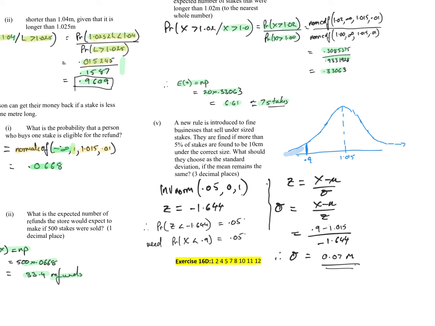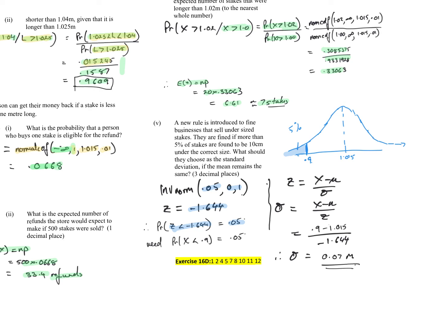So I'm looking for the value of the standard deviation that makes this area here 5%. If I use my inverse norm, 0.05 on a 0-1 distribution, that gets me the Z value. So that tells me that the probability that Z is less than negative 1.644 is 0.05.